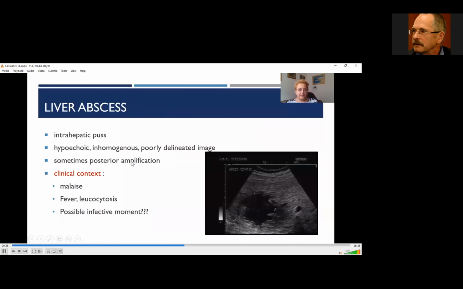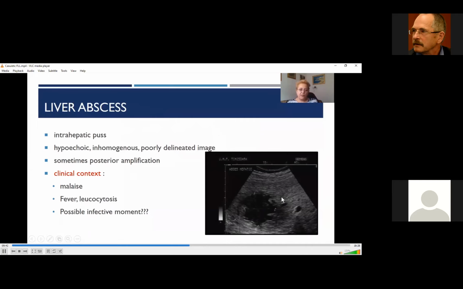Liver abscess is a collection of intrahepatic pus. The ultrasound aspect is of a hypoechoic, inhomogeneous, poorly delineated image, as you see here, which also has an anechoic content.